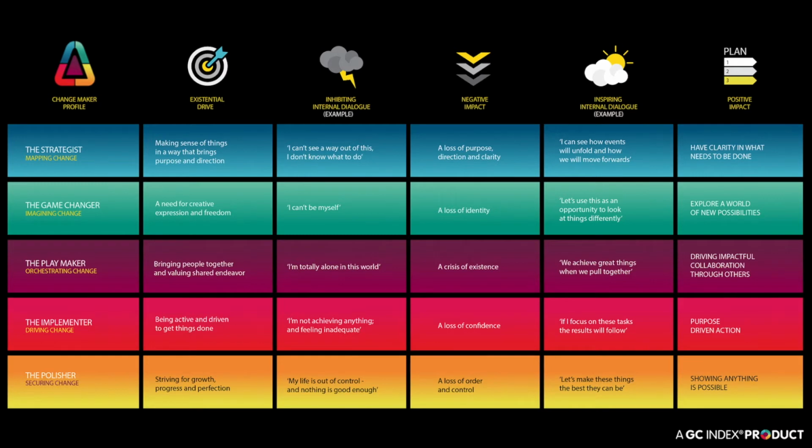Here, when you look at it, it's very different. So the existential drive that each one of them has is completely different. So you can see where the values and beliefs come into play. So the playmaker is bringing people together and valuing shared endeavors. So they're all about the people.